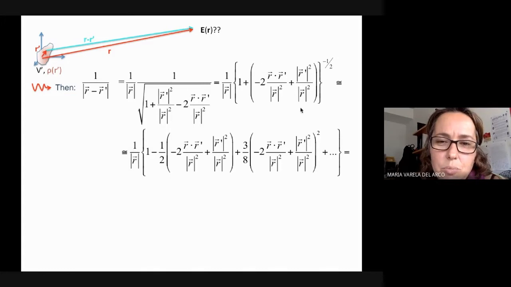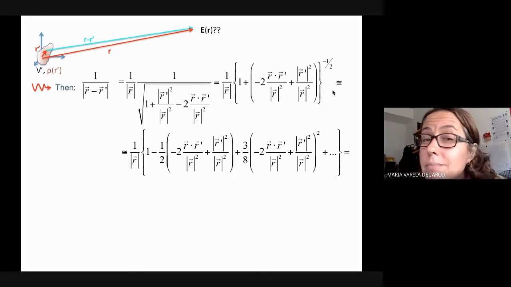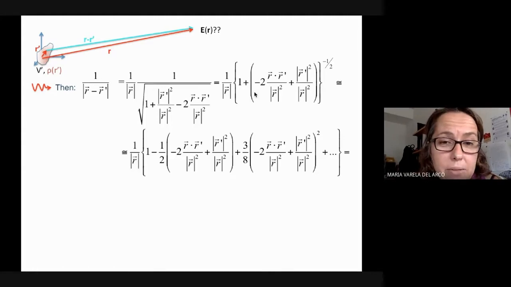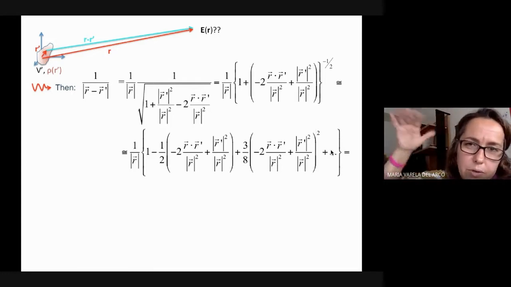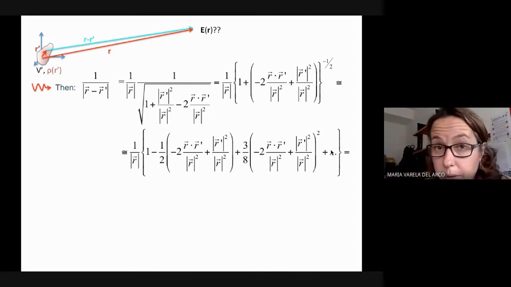And again, this is going to be my x right here, which can be rewritten approximately, just using the series expansion that I wrote in the previous slide, as 1 over r, this is the factor in front of it, so that I'm not approximating it, but then I have this whole bracket in here: 1 minus 1/2 of all of x right here, plus 3/8 of x squared, plus other terms of higher order.